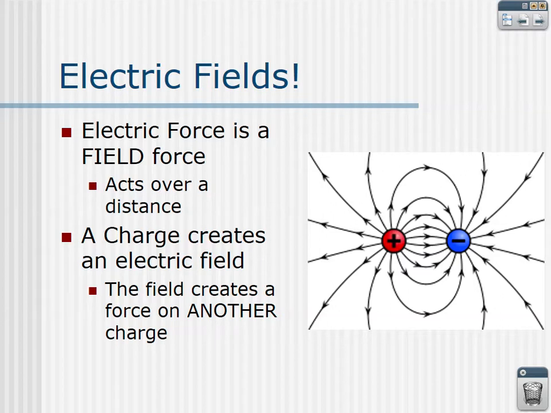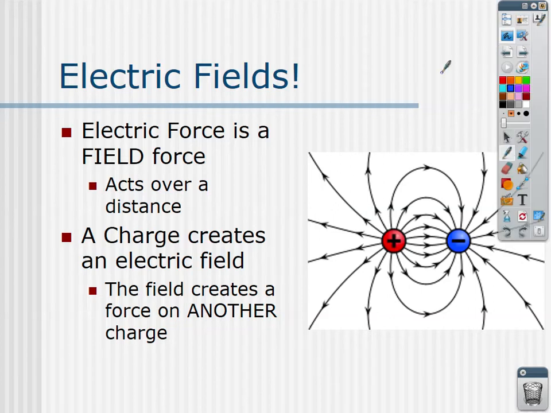That field will then create a force on another charge when it enters it. So a charge creates an electric field, and when another charge enters that, that's what creates the force between those two charges.